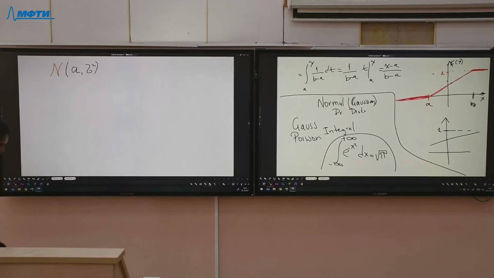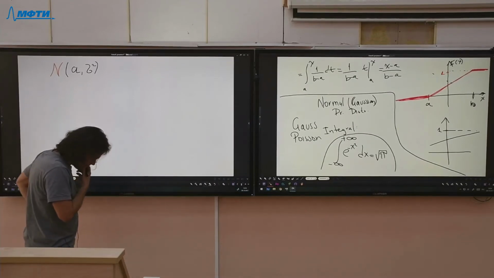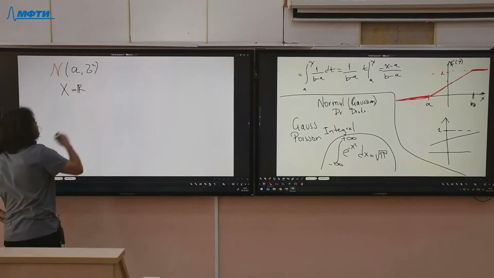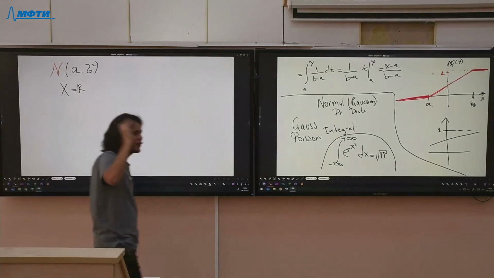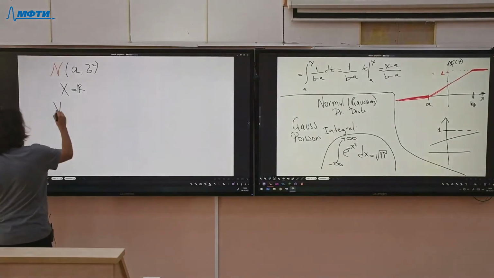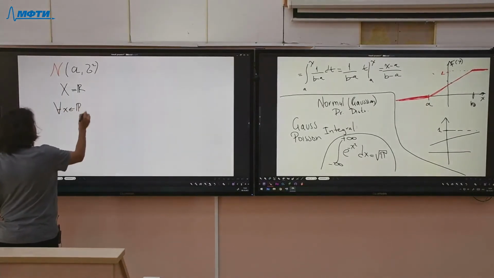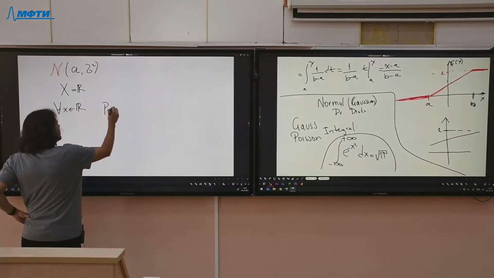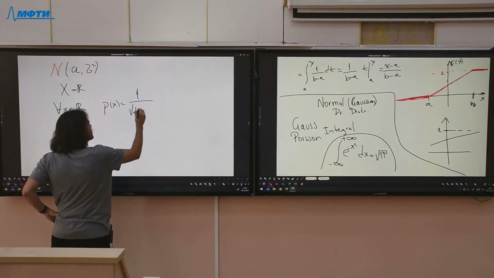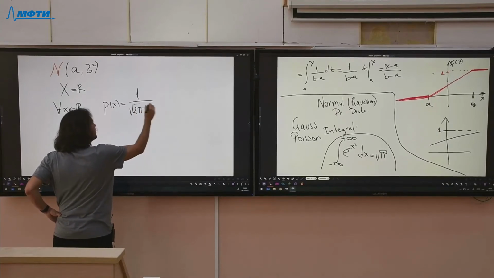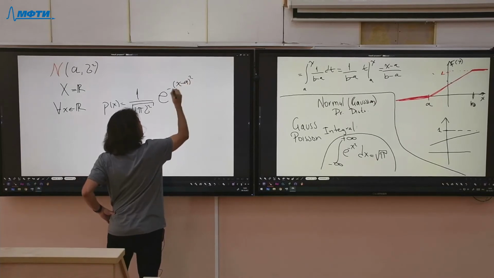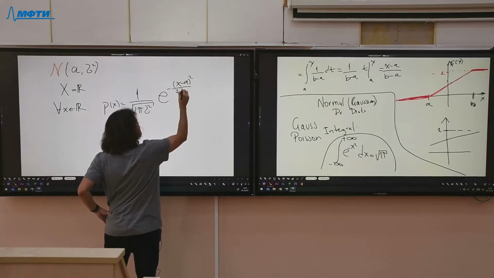Now, in this case we have that x is just the set of the real numbers, right? So all the possible values that it can take, it just holds all the real numbers. And for every real number, we have that the PDF is like this: 1 over the square root of 2 pi sigma squared, e to the minus x minus a squared over 2 times sigma squared.